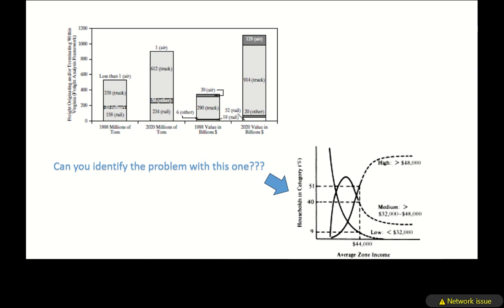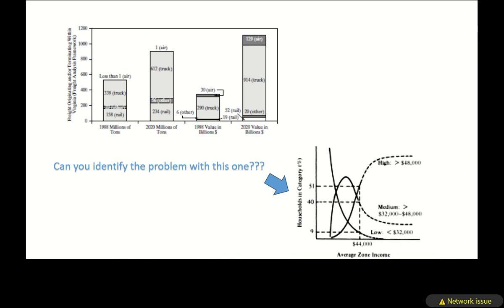We don't do it like this. You come here. Look at one bar. Okay, so each bar is showing you the amount of freight, right? Freight meaning things, the cargo and so on.